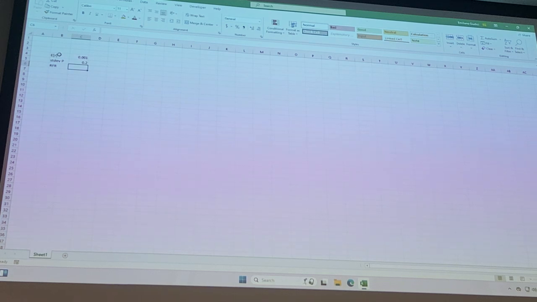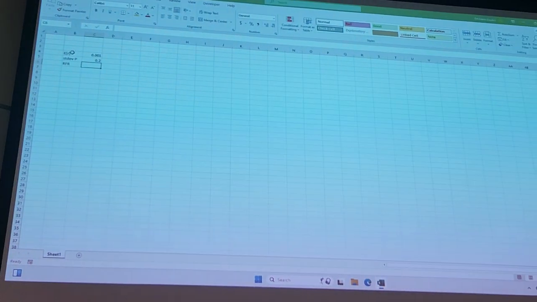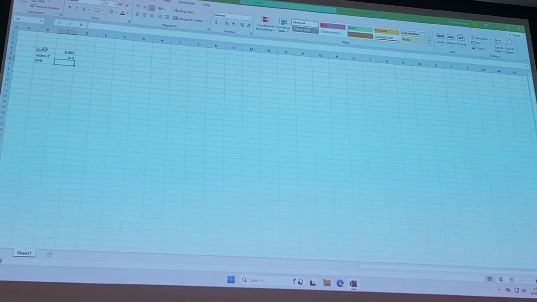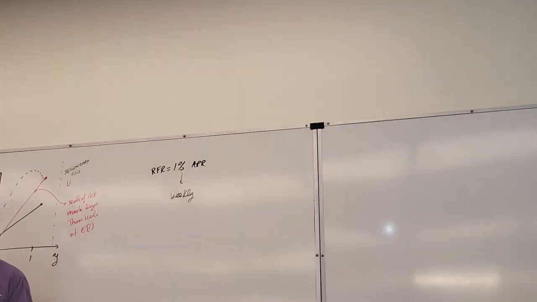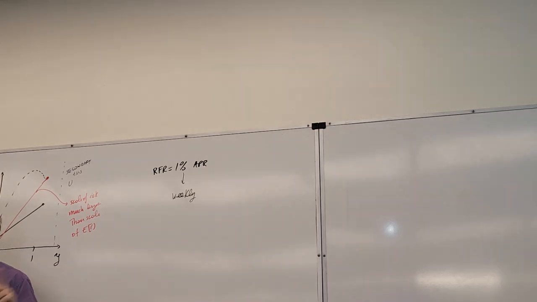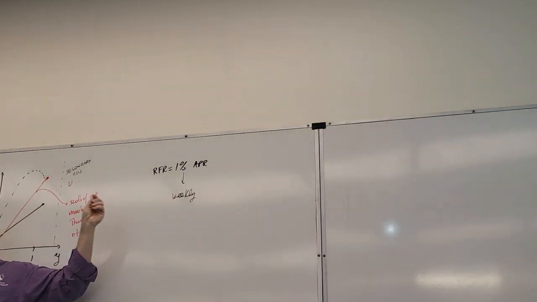So this is an APR. You have to convert that to the same scale as the returns that you have, so you have to convert that to weekly. How do you convert that to weekly? You have to divide it by how many weeks in a year? 52.